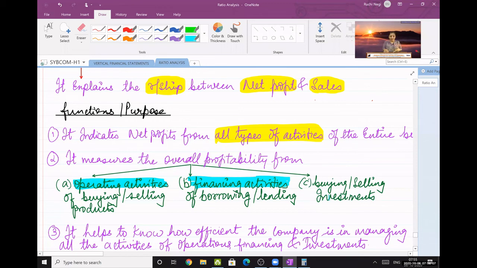What is financing activity? Not exactly buying and selling, it means borrowing and lending of funds. Loan lena, loan dena. That is called financing activity. And then investment activity means buying and selling of investments. इस पे पूरा एक chapter है known as cash flow statement, which we will study later.